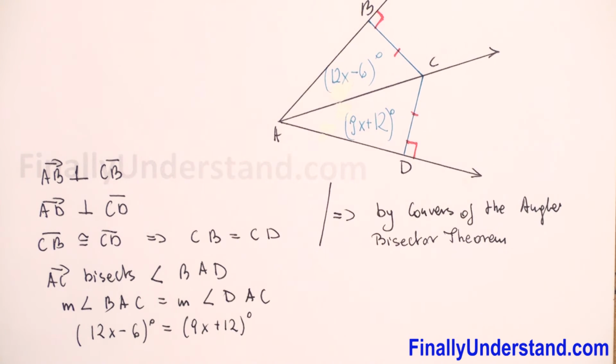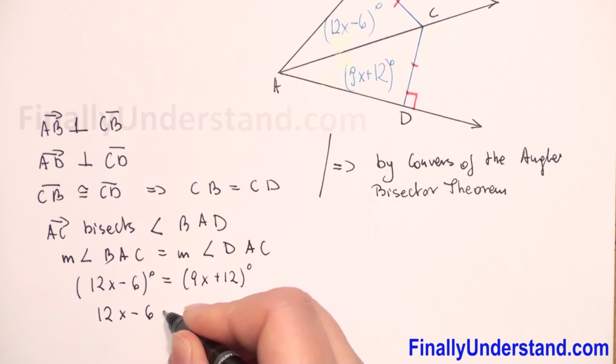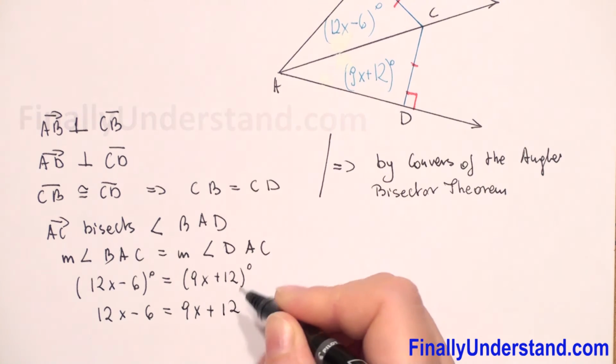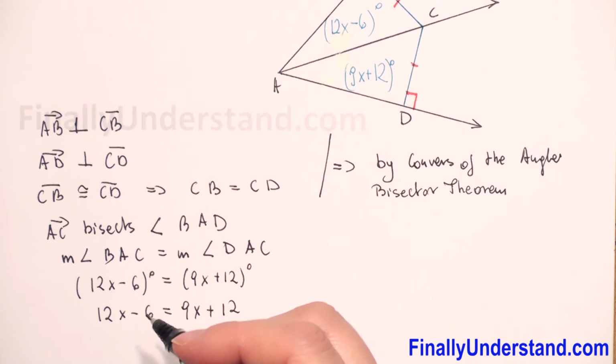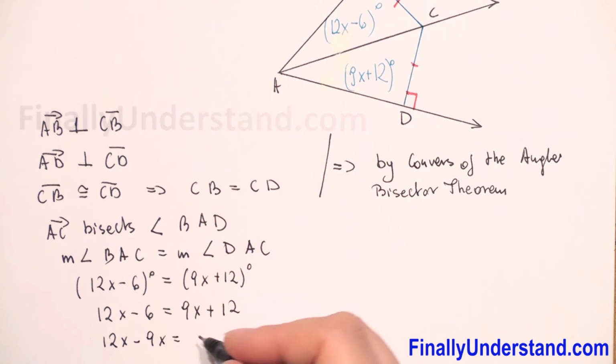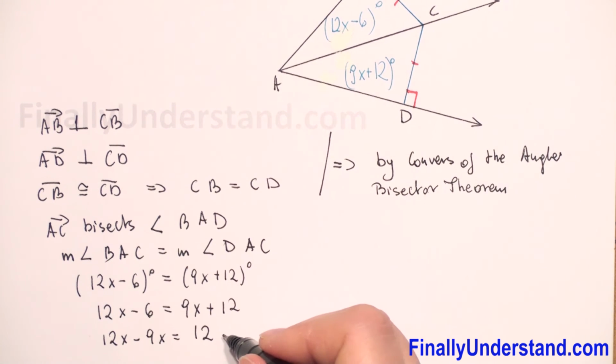Let's forget about degrees. So we have 12x minus 6 is equal to 9x plus 12. I will move 9x to the left side, so we have 12x minus 9x is equal to 12, and negative 6 to the right side, so it will be plus 6.